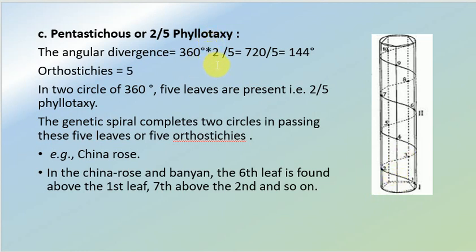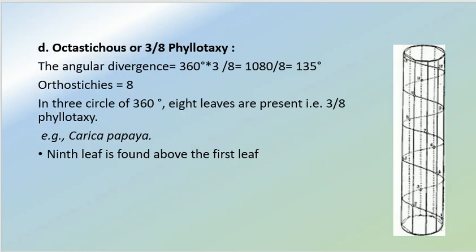So 360 into 2 divided by 5, as the number of orthostichies are 5. First, second, third, fourth and fifth. So 720 by 5 is equal to 144. So the angular divergence in the pentastichous is 144. And here always the sixth leaf is above the first leaf and so on. The most famous example of the pentastichous phyllotaxy is the China rose, that is our Hibiscus rosa-sinensis, and the banyan tree.